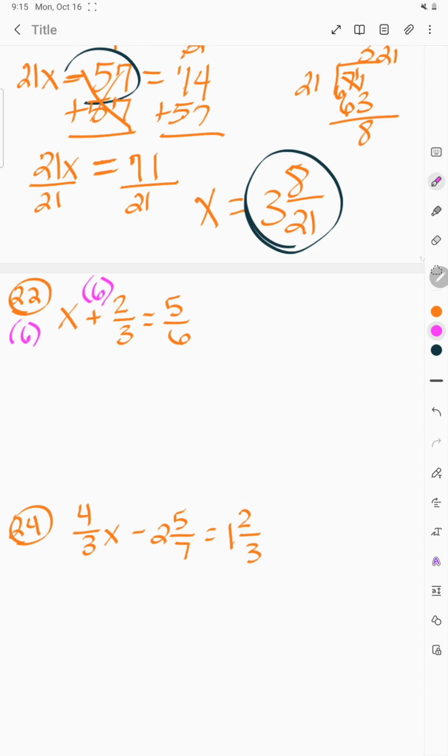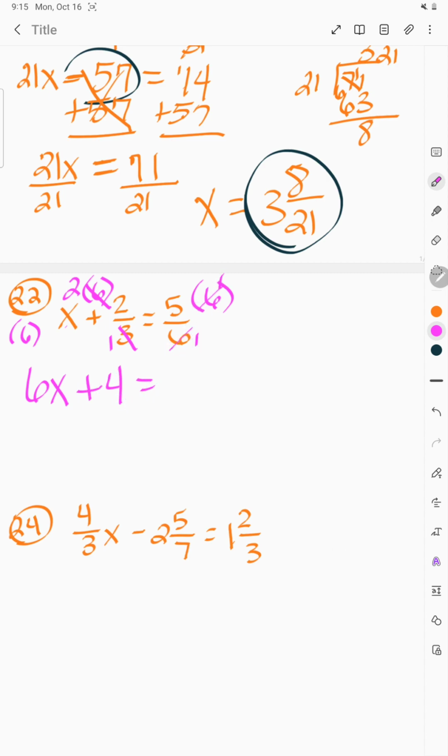So I'm going to multiply everything by 6. All right, so 6 times x is 6x. 3 goes into 3 one time. 3 goes into 6 two times. So 2 times 2 is 4, and I bring down my positive sign.